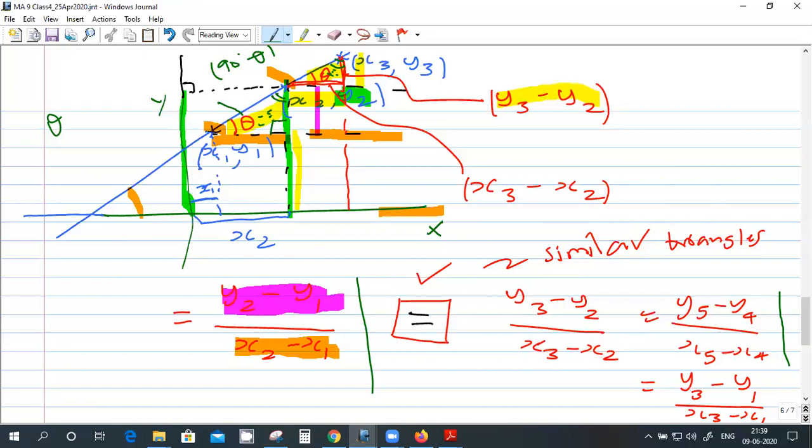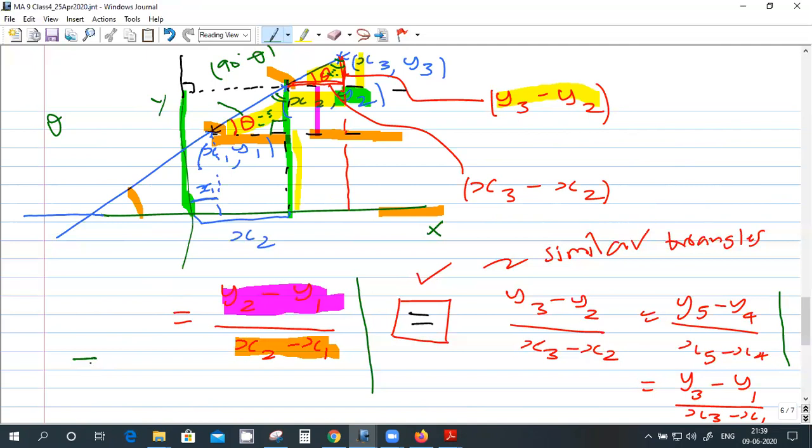Slope of the line means how fast y is changing when x is changing. Say y2 minus y1 is the numerator and x2 minus x1 is the denominator. If y2 minus y1 is changing fast compared to x2 minus x1, the slope is more. So this formula is slope.